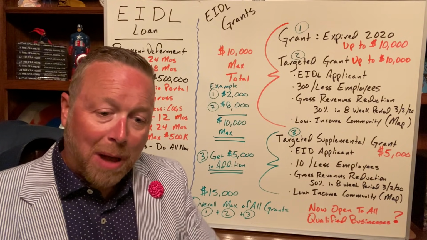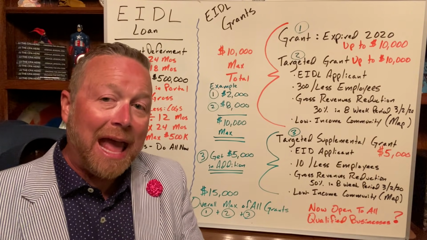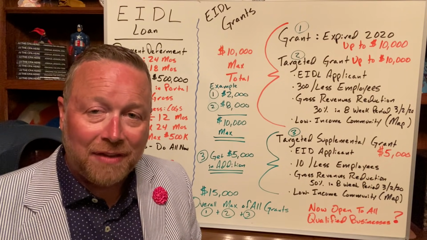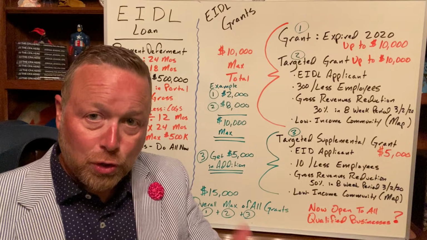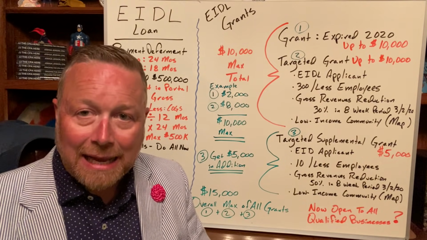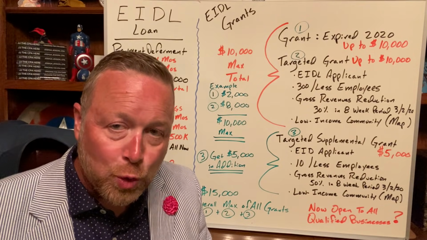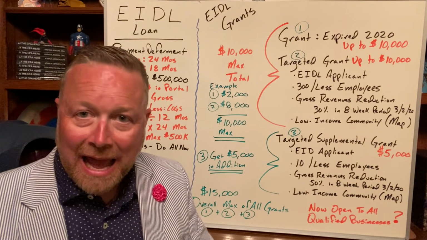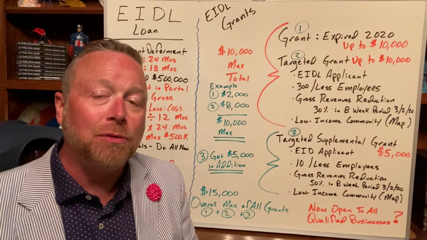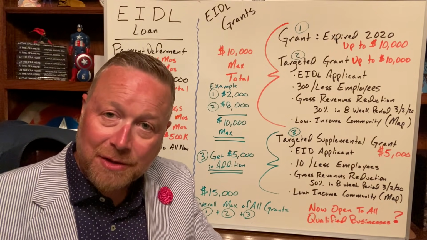So the bottom line is that the SBA, as of the date of this video release, July 5th, if you go to the link that I'm giving you in the body of this email called EIDL Grant FAQs, it was last updated April 27th of 2021. The reason I'm telling you that is because this is fast-moving information.